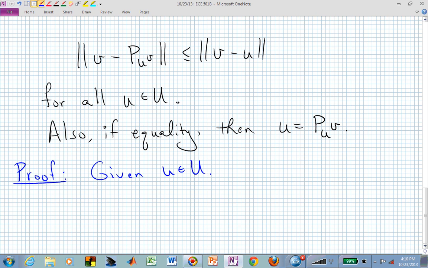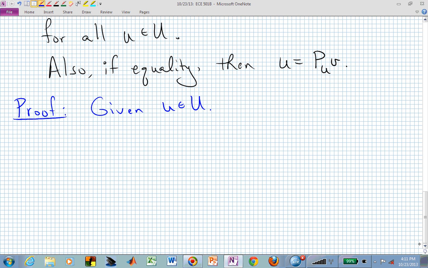Suppose we're given a U in this vector space, because we need to look at this for all U, for example. We can compute then V minus the projection of V onto the subspace U. And as always, it's probably easier to work with the norm squared.